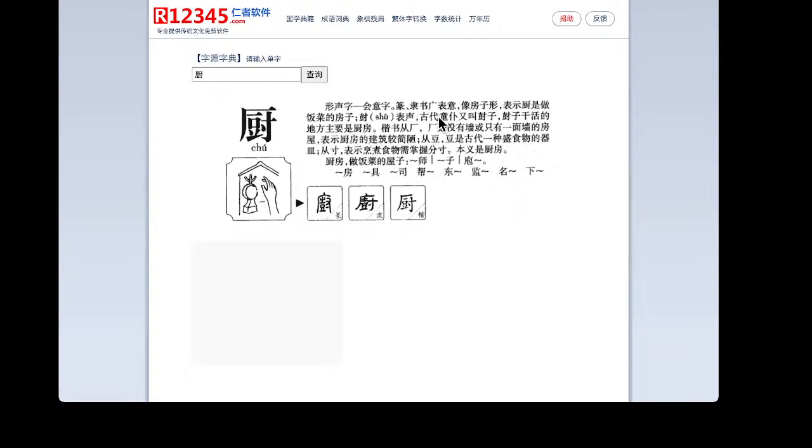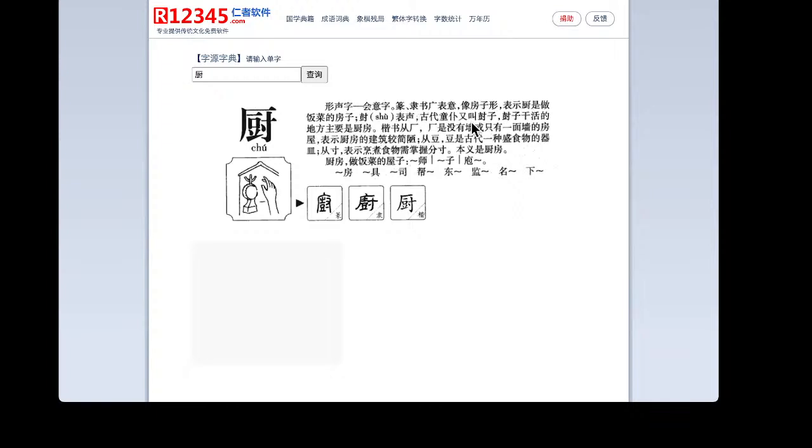In ancient times, 树 meant a young servant. So this is a young servant inside the house.